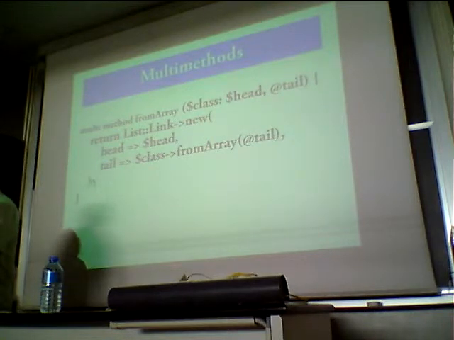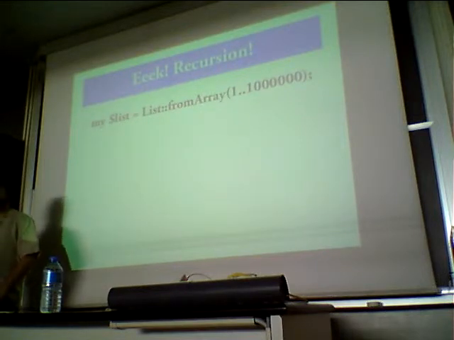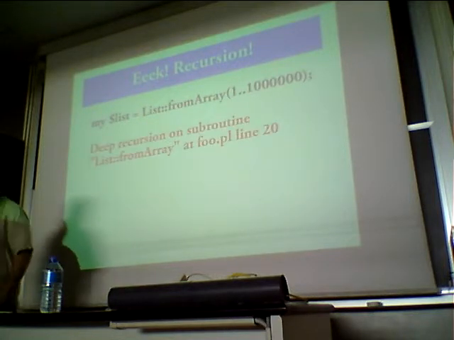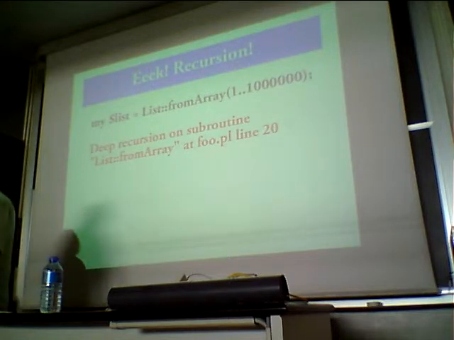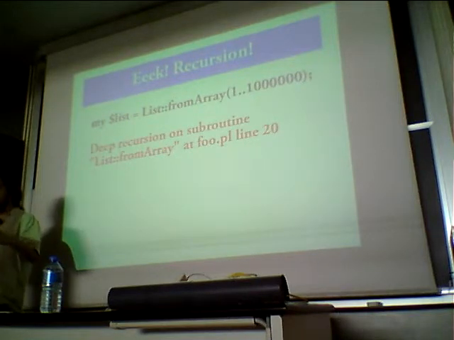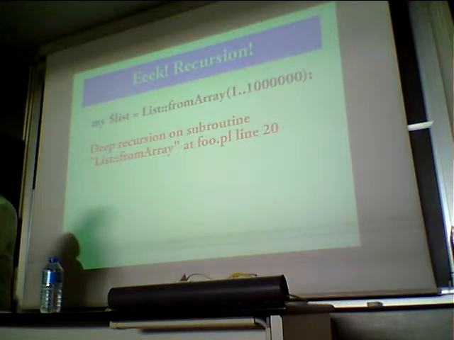This will actually work, but if you try and do this, Perl isn't going to be very happy. And I'll explain why. What Perl's going to do is complain about deep recursion. First of all, you'll get lots and lots of warnings, and at some point it'll segfault. It might complain and not segfault, depending on how big a list you created.